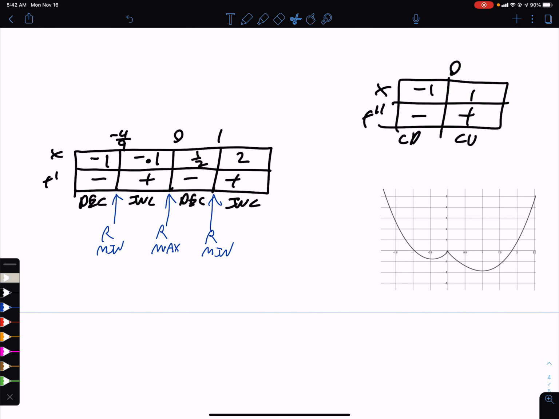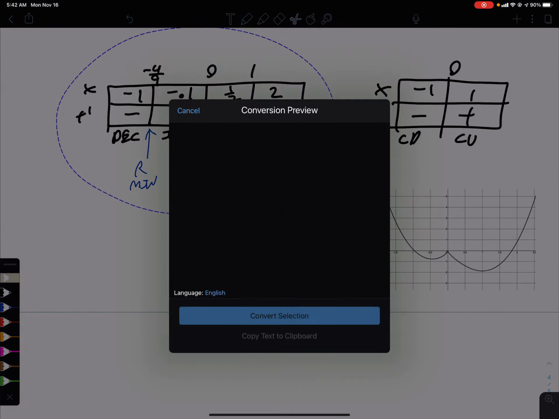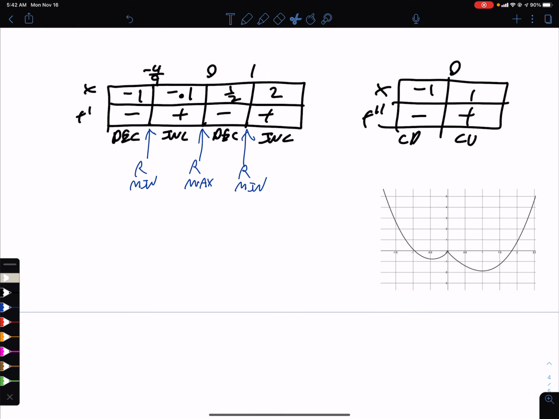All right, let's do important points. And let me move this up. So clearly 0, -4/9, and 1 are our regions. So to the left, I'm just going to look.